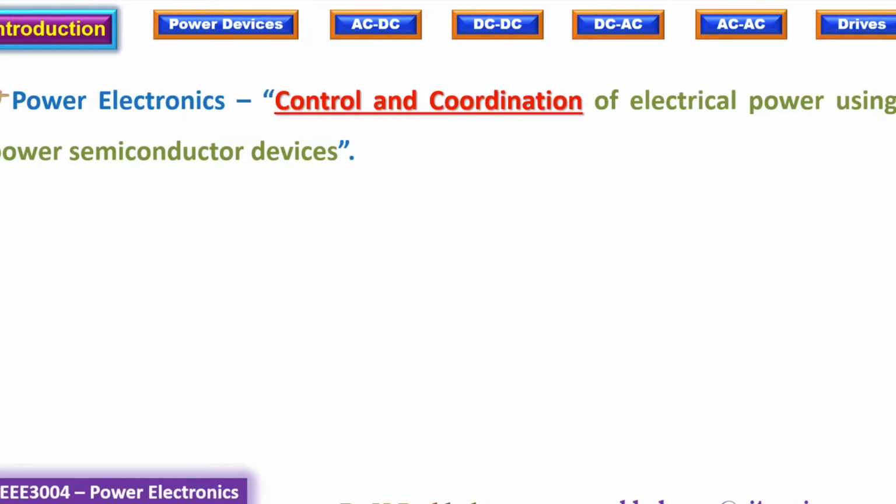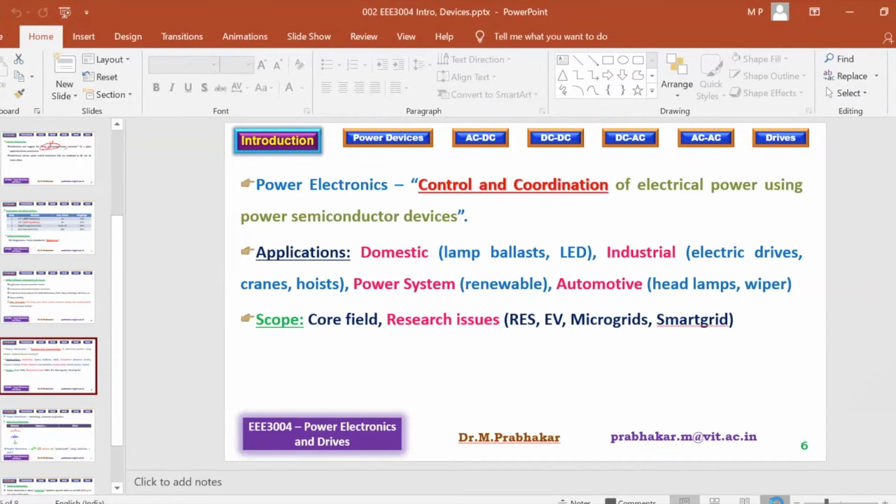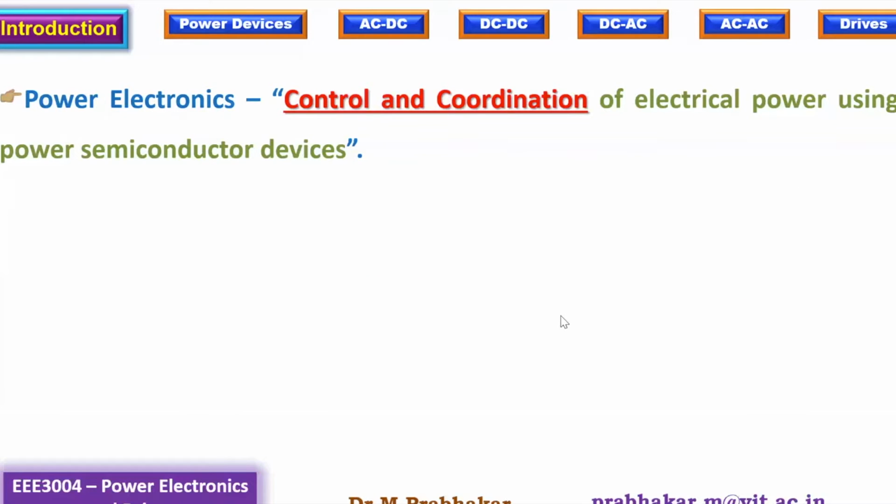What is coordination then? You have a lot of coordinators, right? So what is the meaning of coordination? You have a system, which means just a combination of blocks.